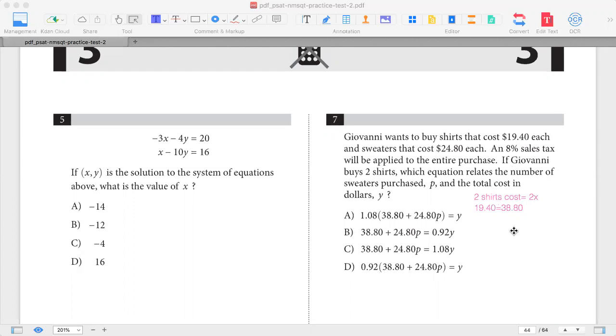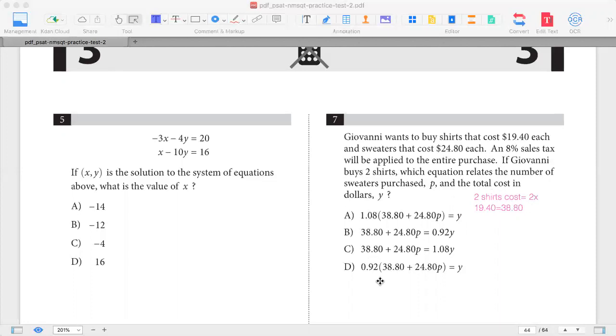So the combined cost of the shirts and the sweater should be multiplied by 1.08. 8% is the percent, and when I change it to decimal, 1.08 comes from adding 1 and 0.08. So again, to include the sales tax in the total cost, the combined cost of the shirts and the sweater should be multiplied by 1.08.